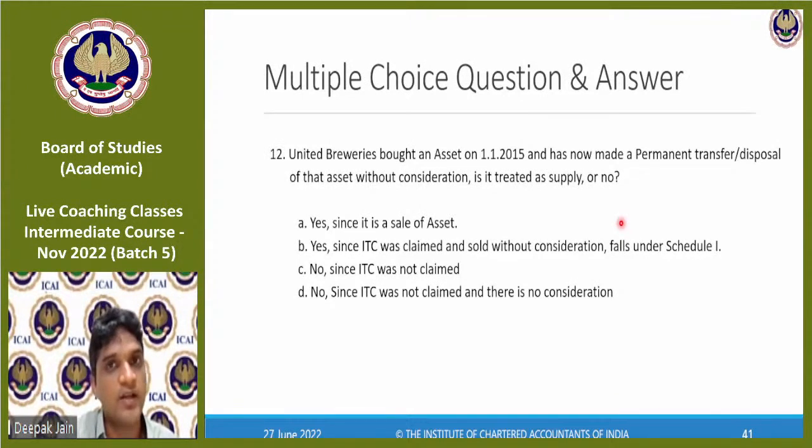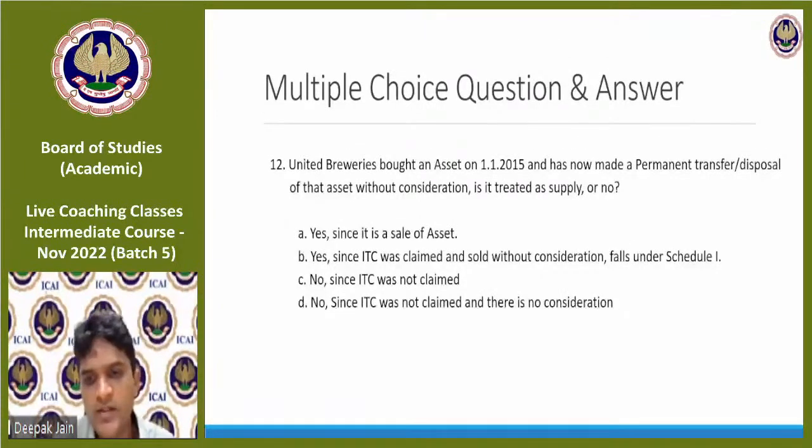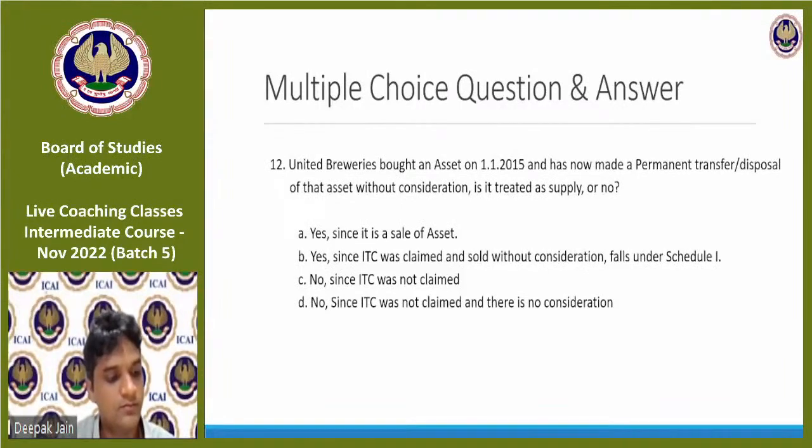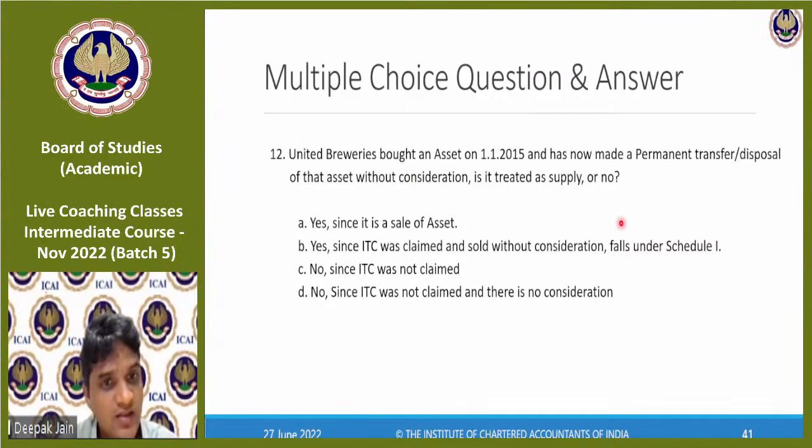So it is treated as supply because of Schedule 1. What basis are people saying D? Maybe one person has said D. Others, everybody has said A and B. Akash Neil, your answer is correct. Ramchandra, your answer is correct. B, yes, since ITC is claimed and sold without consideration falls under Schedule 1.